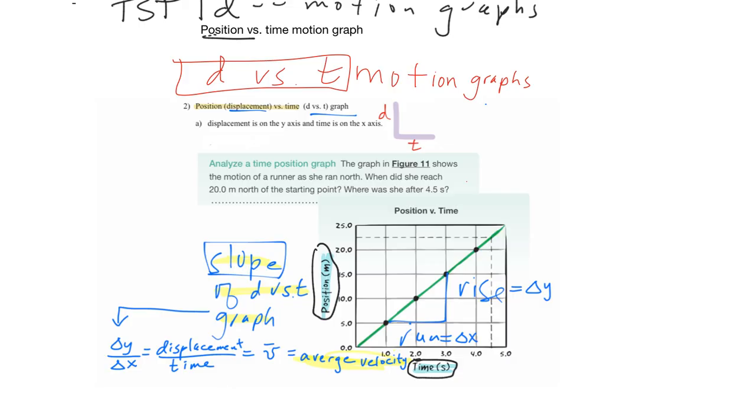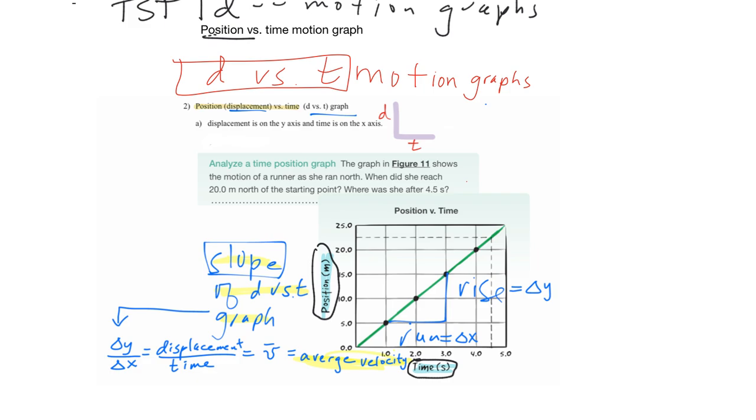So here we have a position versus time graph. These points are data points where the position was measured at different time intervals.